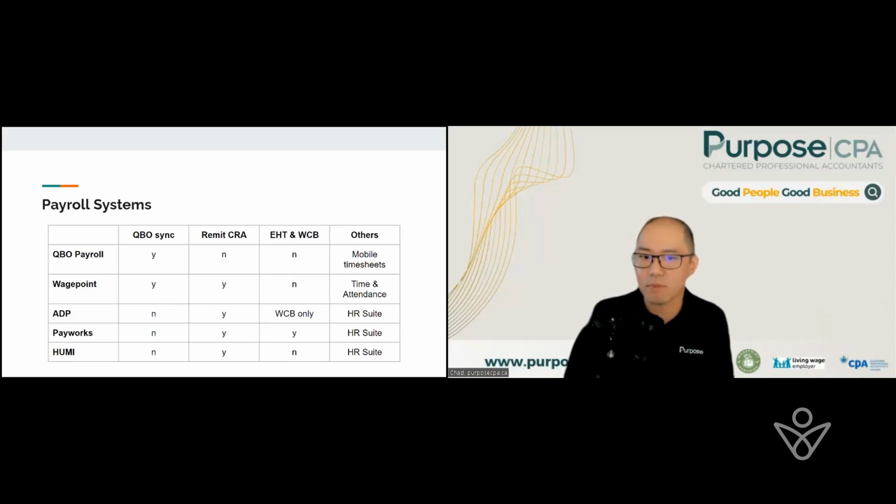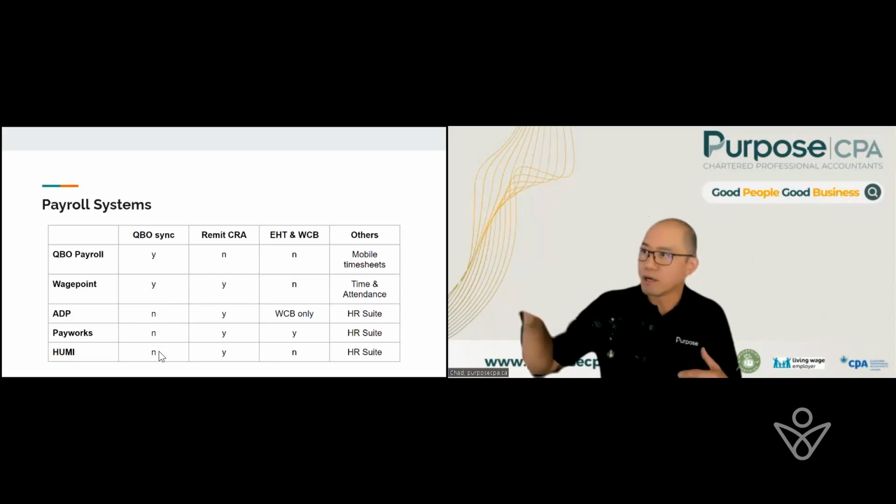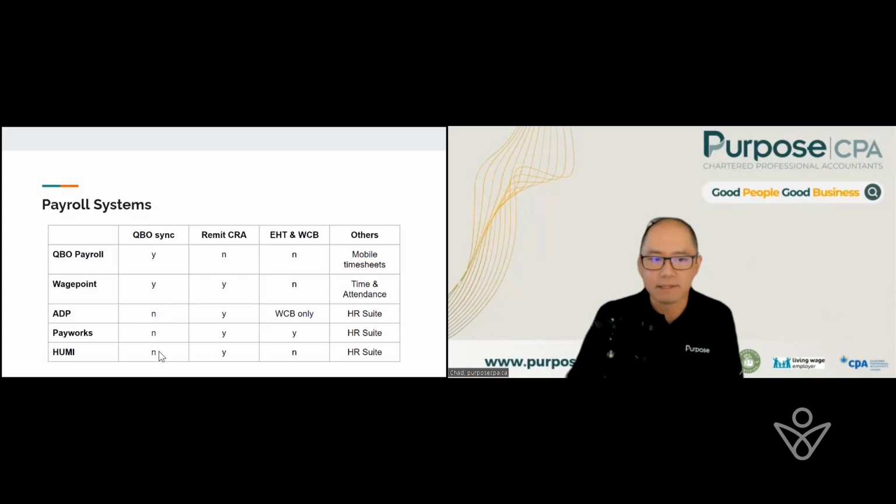There are other features and modules, like time and attendance. There are also three other systems that we liked that may be applicable for some companies, but they don't connect with QuickBooks Online. So the payroll information, you have to punch into your accounting system, but they take care of remittances to CRA.